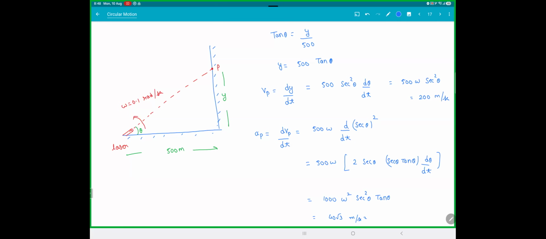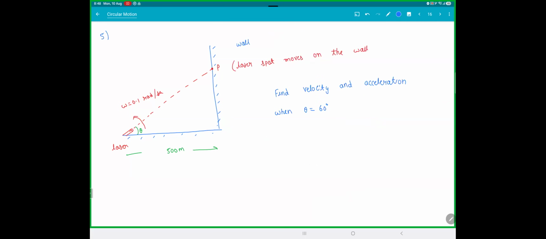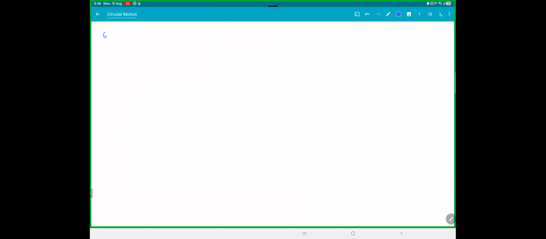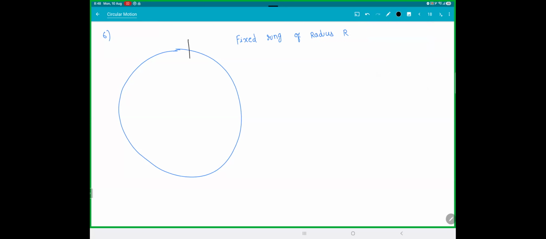Let's see one more. We got a fixed ring of radius r. So someone took a rod here.